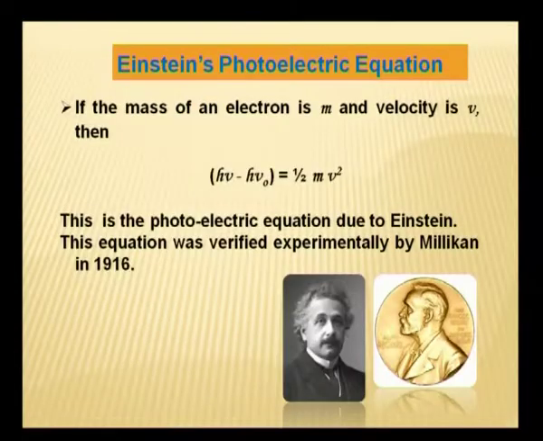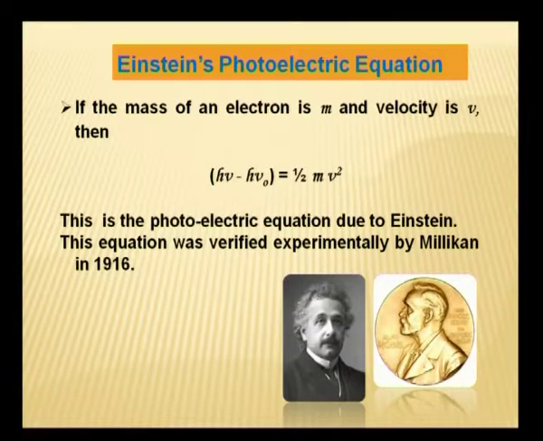What is 8? 8 is the energy of the photon, the incoming photon is say 8 eV, out of which h nu naught is what? It is the work function, the energy required to remove the electron from the metal. Out of 8 electron volt, 2 electron volt is the energy required to remove the electron from the metal.